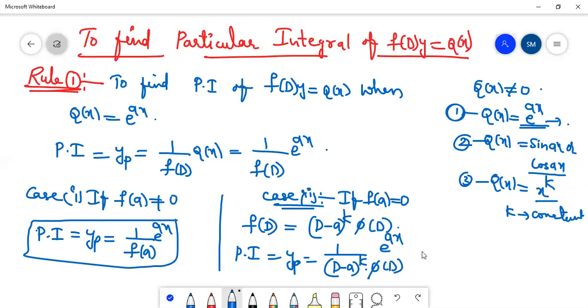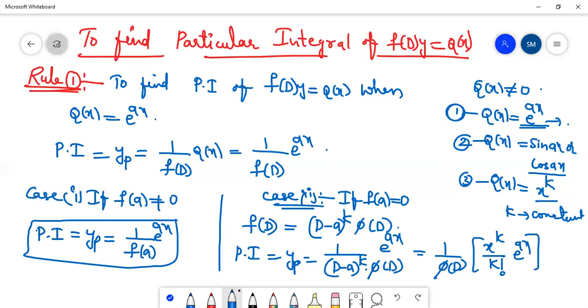Substitute D equal to a in the factor which is not equal to 0. The factor which goes to 0 on substituting D equal to a gives x power k by k factorial into e power ax. This is the case 2.